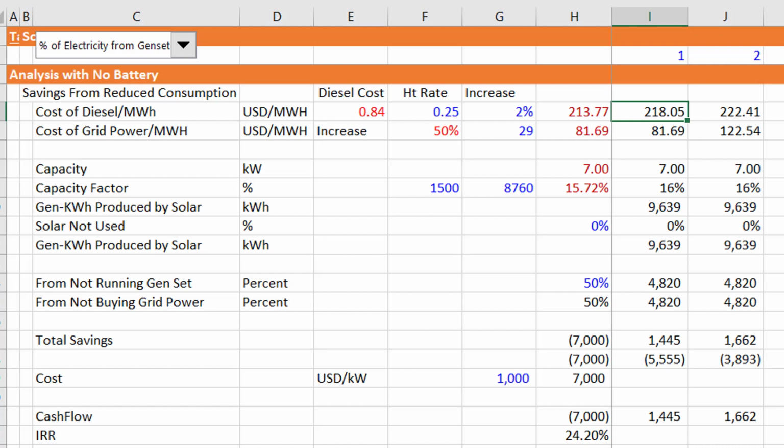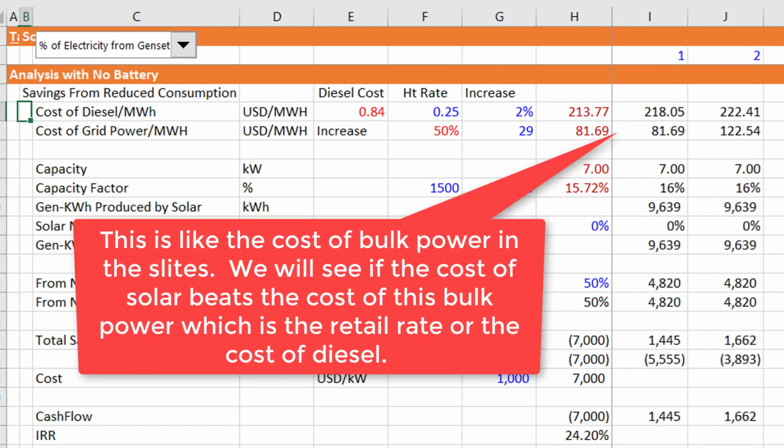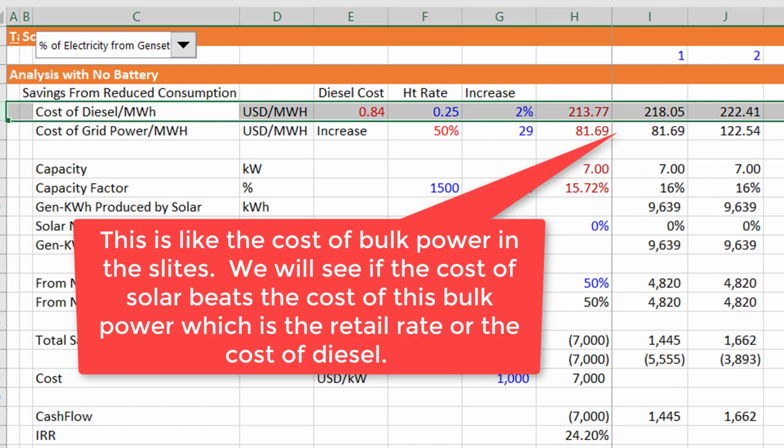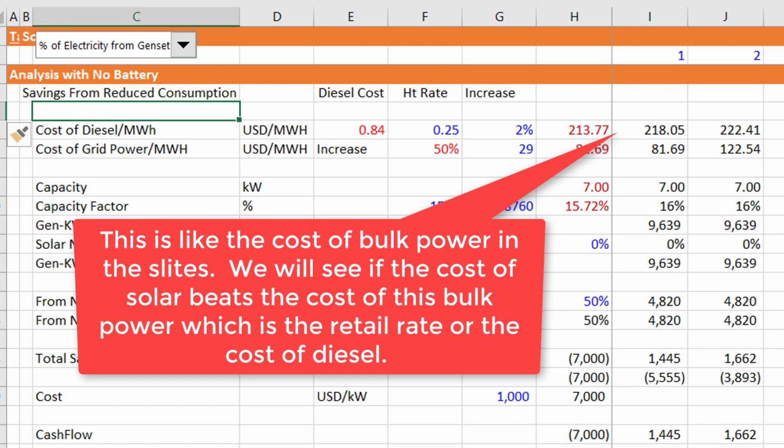Now that we have a situation where we should decide how long this project is going to last, we should also put in the lifetime of the solar panels.